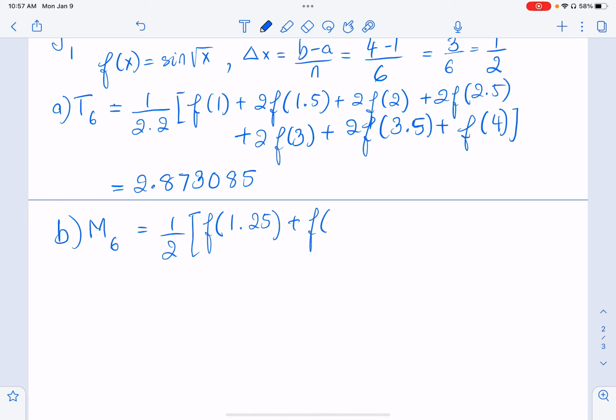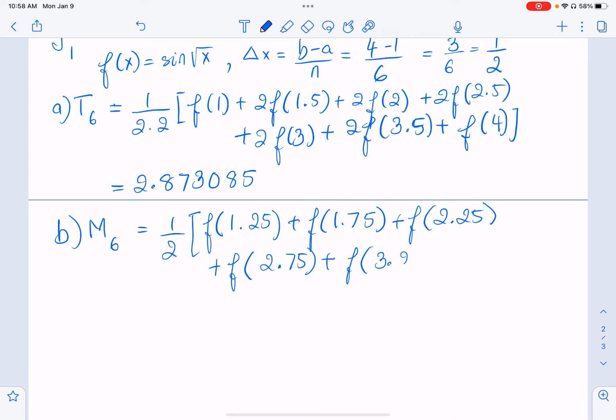Plus f of 1.75 plus f of 2.25 plus f of 2.75 plus f of 3.25 plus f of 3.75.